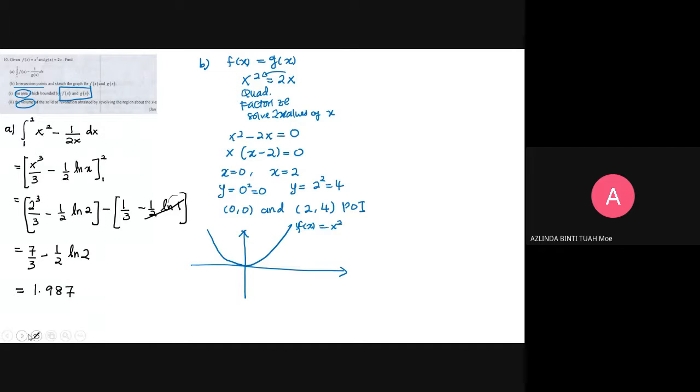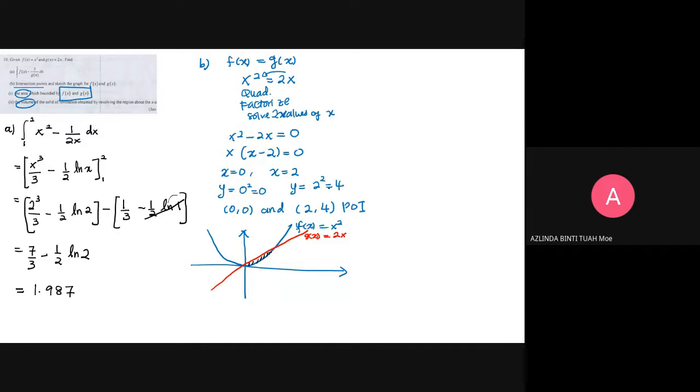Then g(x) is the straight line passing through the origin, sebab c dia kosong situ. Make sure you use your ruler. Ini g(x), 2x. As you can see, the bounded region, kawasan yang tertutup antara kedua-dua function ini di bahagian tengah.